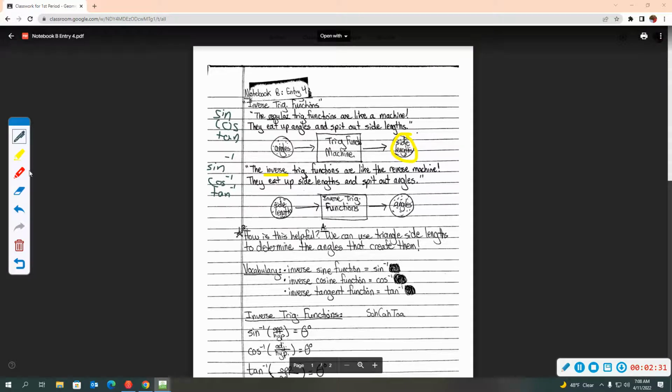So today, your main goal is to find missing angles. Your main goal today is to find angles using trig instead of sides.